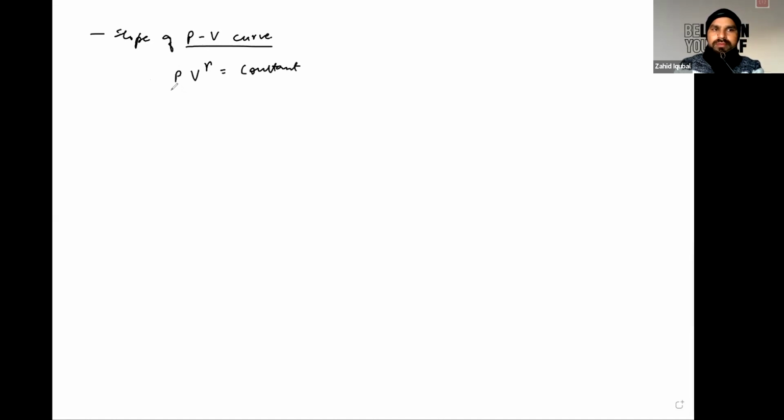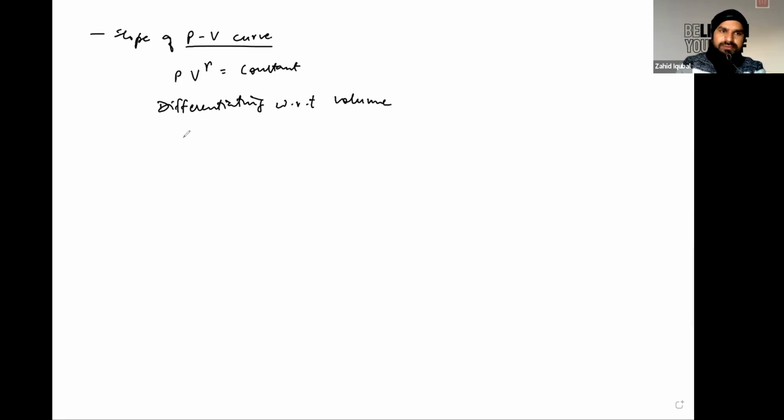In this, both pressure as well as volume are variable. So to get dP by dV, we have to differentiate this function with respect to volume.